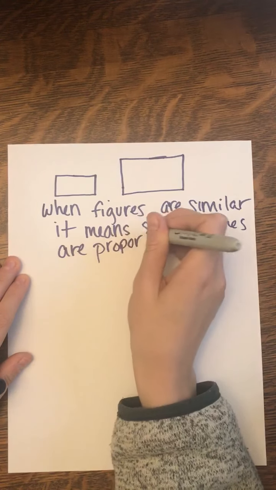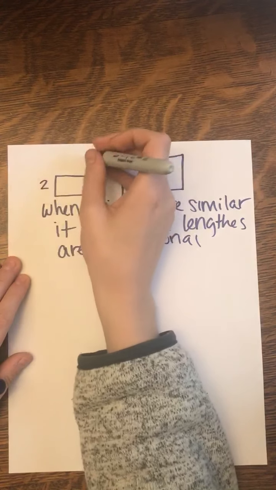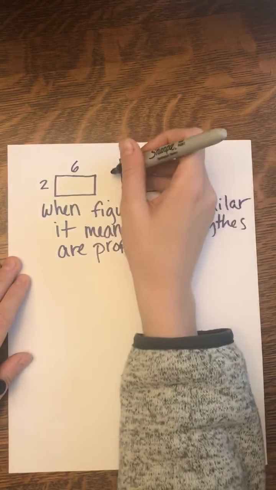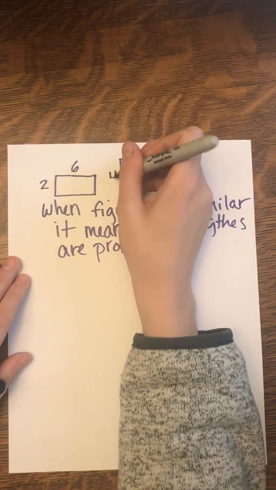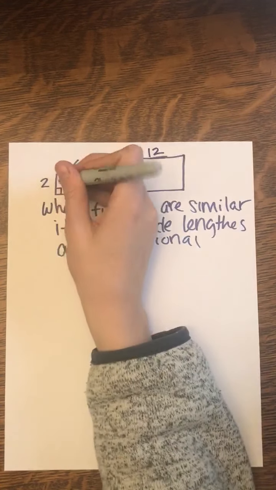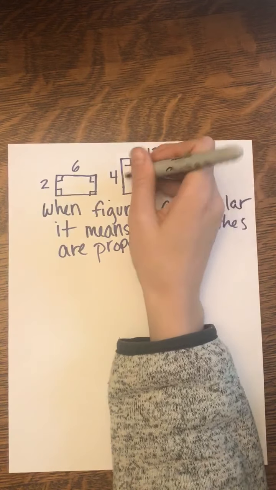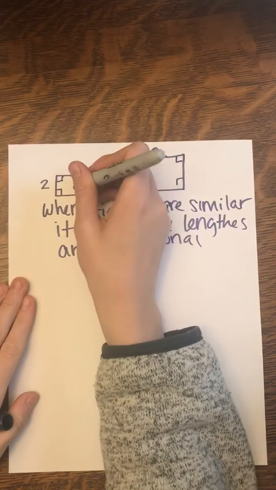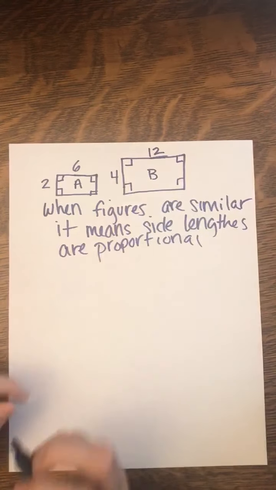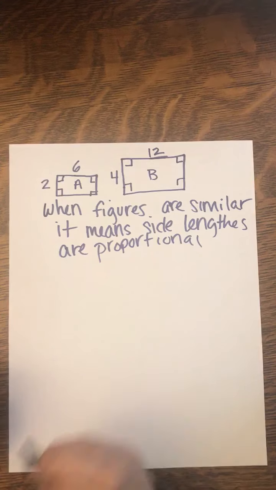And I can show you right here. So if the width of this rectangle is 2 and the length is 6, and the width of this rectangle is 4 and the length is 12, and I'm told that rectangle A and rectangle B are similar, then I know that their side lengths are proportional.